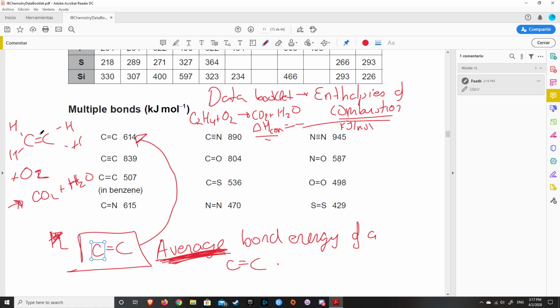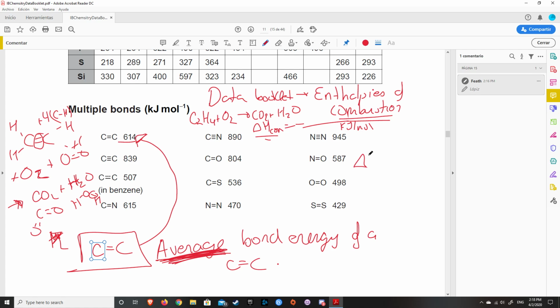We can take a carbon-carbon double bond, 614 kilojoules per mole, add 4 carbon-hydrogen single bonds, add an oxygen-oxygen double bond, and then a carbon-oxygen bond here, a hydrogen-oxygen-hydrogen bond here, and we can add them all up, and we can do one versus the other.